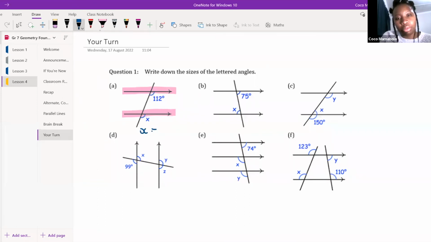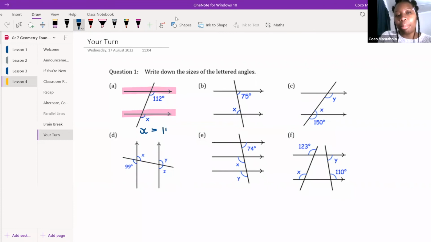Remember you guys measured these really well. Monde, can I ask you to tell me what this angle is going to be equal to? The angle is going to be equal to... If you're stuck, I got 112 degrees.